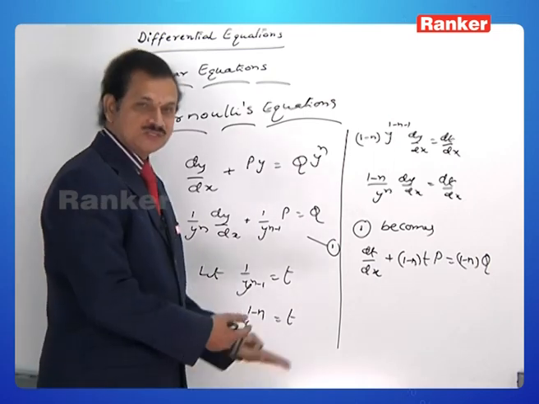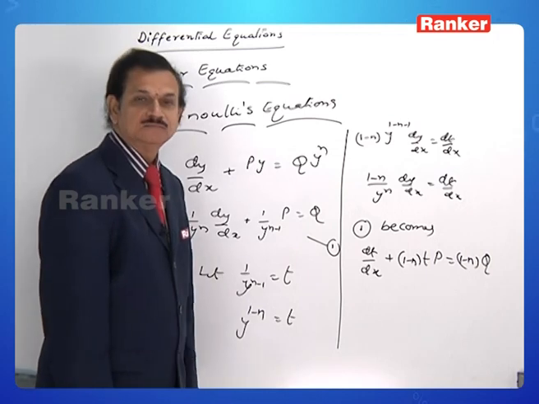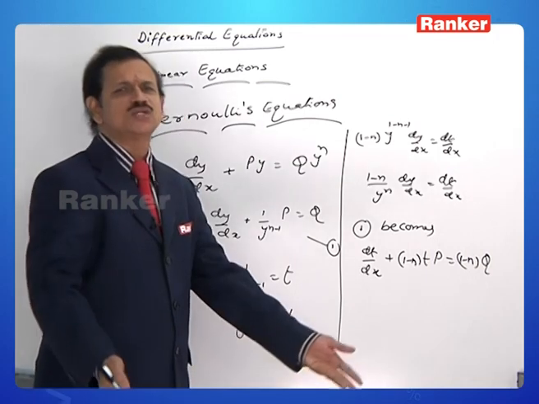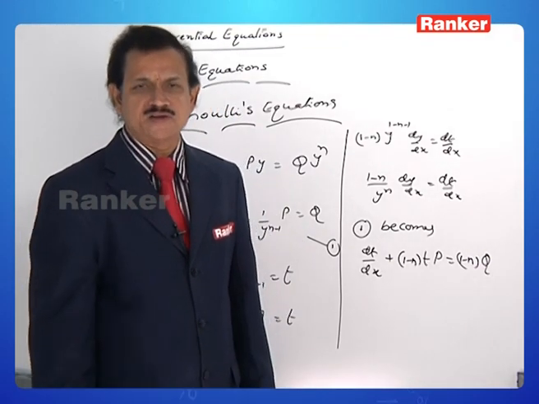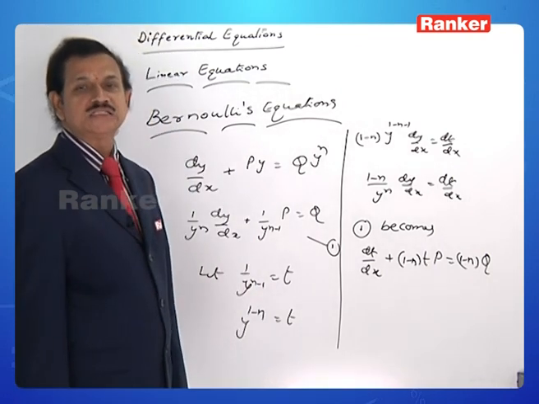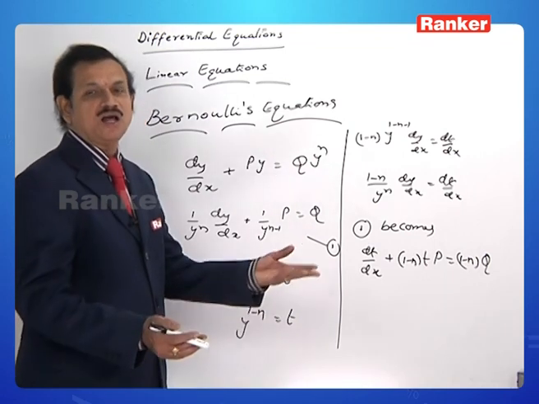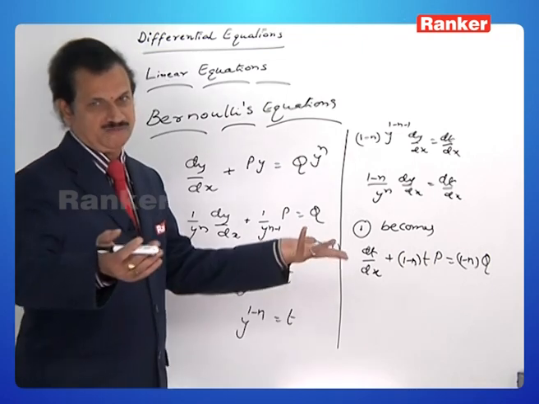Okay, you have seen how this has been converted into linear form. And actually speaking, such things we generally do while going through different problems. This is particularly called Bernoulli's equation, Bernoulli's form, or the form which is convertible to linear form.